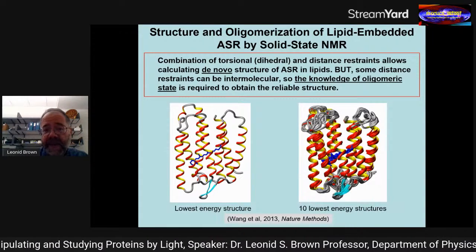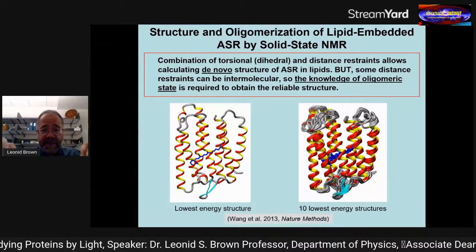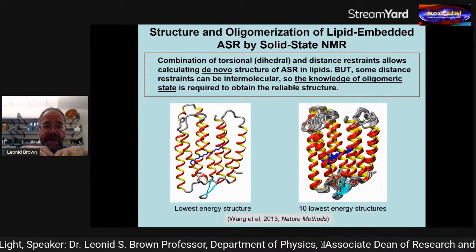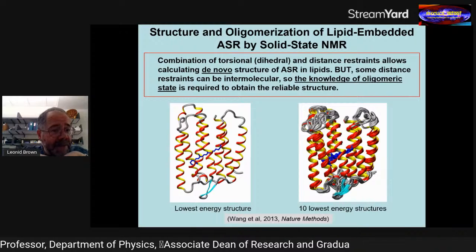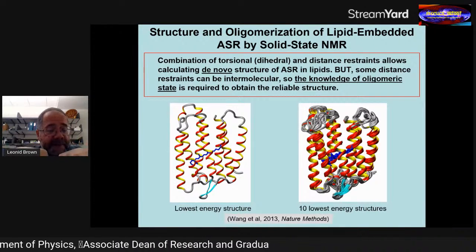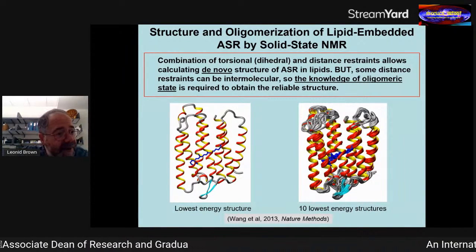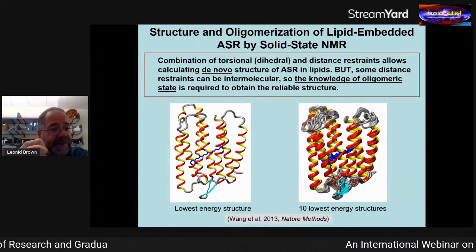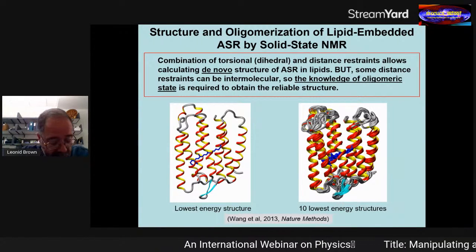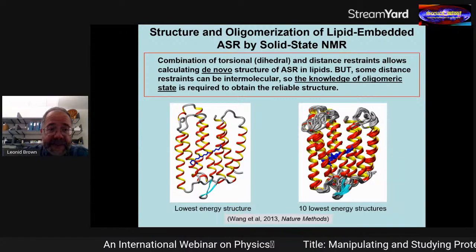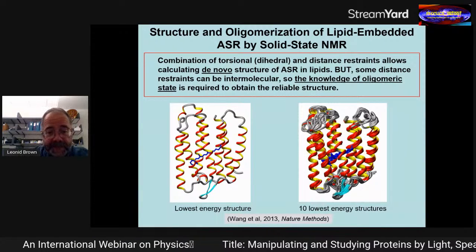Why is that? This is because these proteins like to talk to each other. So we suspected that some of the distances we measured may be between atoms in different proteins, not within a single protein. You see, it's a problem for the computational procedure. So we needed to know what kind of complexes these proteins form.